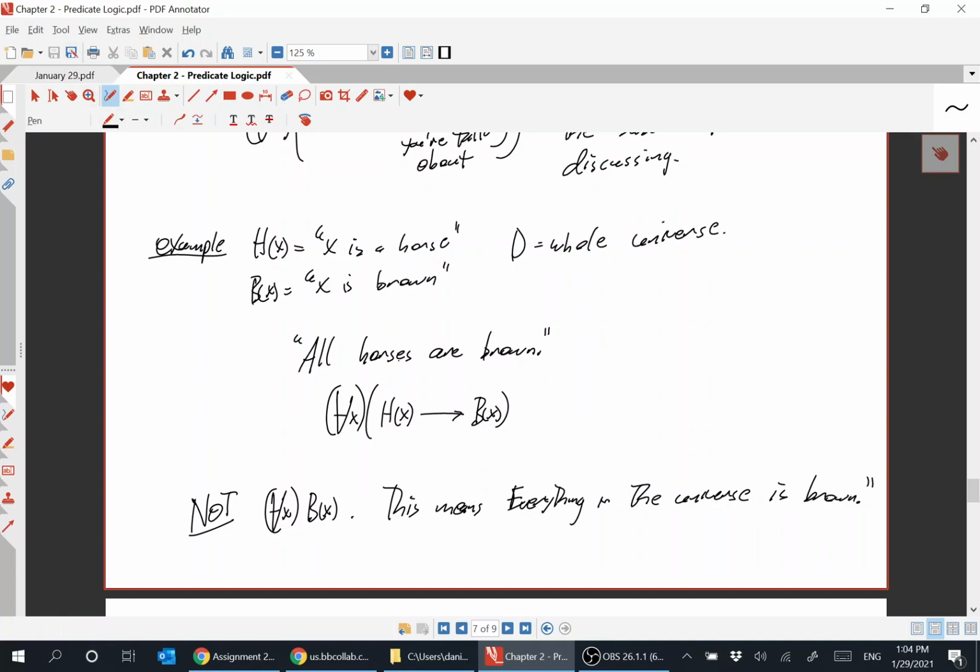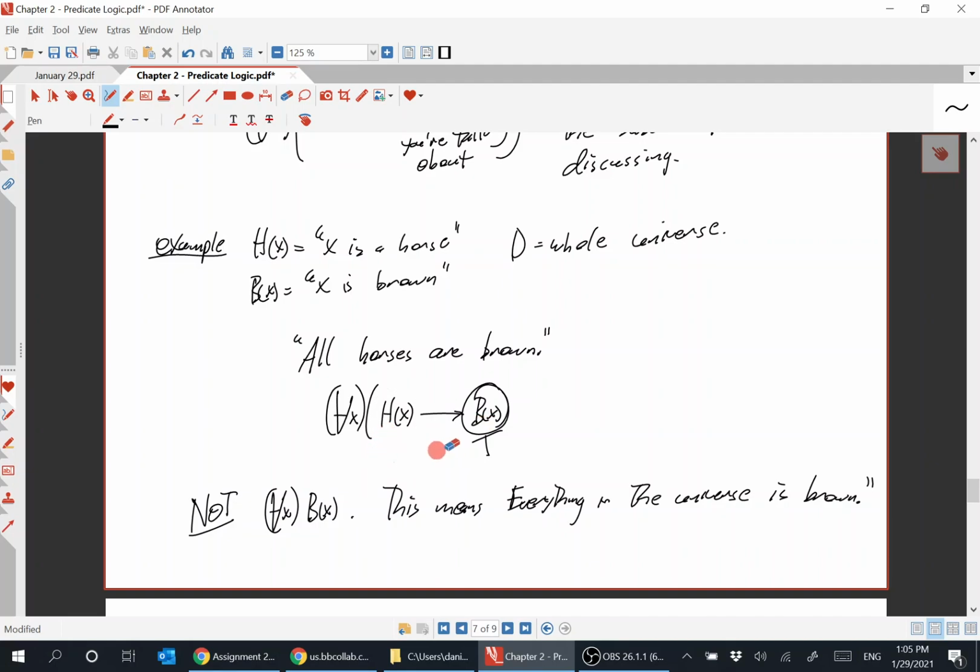All horses are brown. So if it's a horse, then it's brown. So this would be true as well. Just think of when the hypothesis is true. In this alternative universe, all horses are brown, so if I picked an X that made the hypothesis true, the conclusion is true as well.